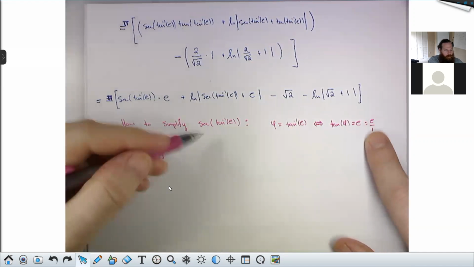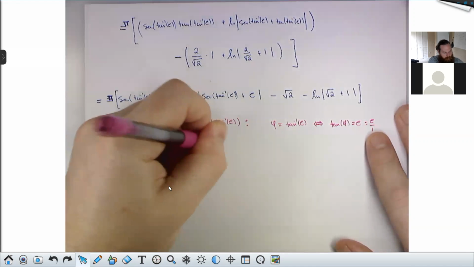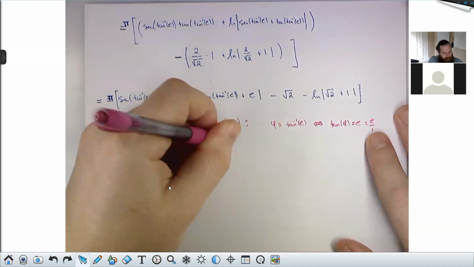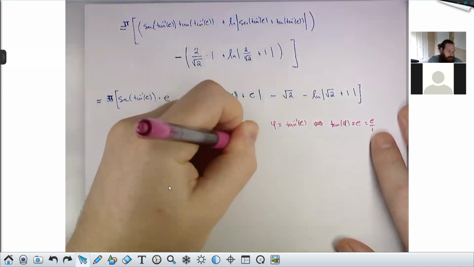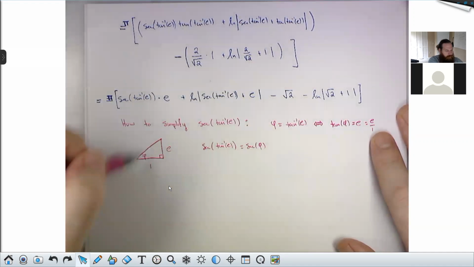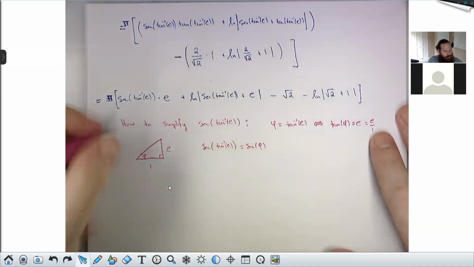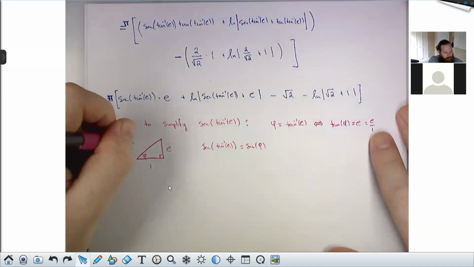And now remember what I want. The secant of the inverse tangent of E, that's just the secant of phi. So if I complete this triangle, I can read off the secant. I know that this squared plus this squared has to be this squared. So this guy is the square root of E squared plus 1.